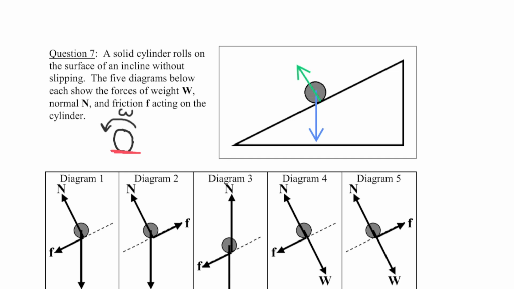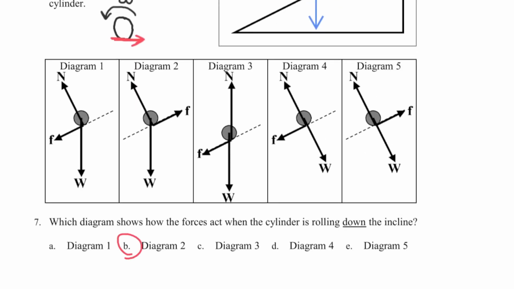So the only way that happens from the friction force is if there's a torque pointing to the right. So actually, friction in this case does in fact point up the incline. So that would be diagram 2.